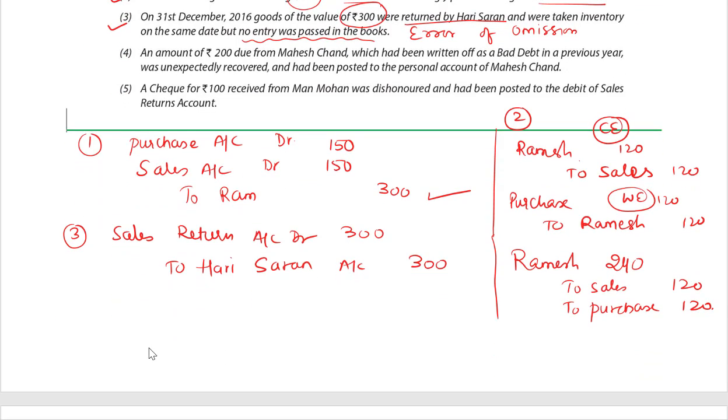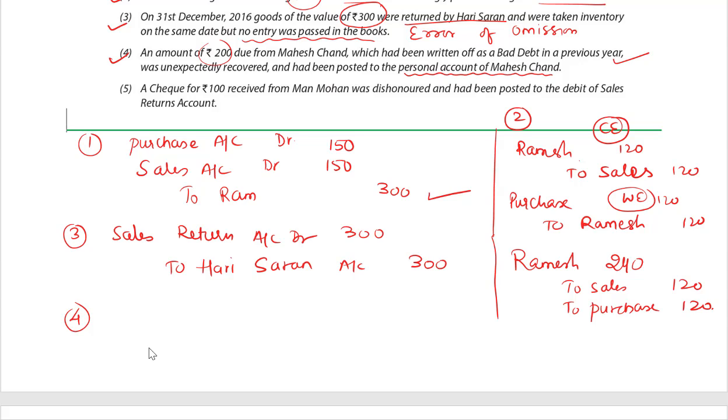Let us go to point number 4 now. It talks about an amount of 200 due from Mahesh Chand, which had been written off as bad debt in the previous year. Interesting. It was unexpectedly recovered and had been posted to the personal account of Mahesh Chand. My dear students, you have posted to the personal account of Mahesh Chand, but you should understand, in case of bad debt, we have already cancelled the name of Mahesh Chand.